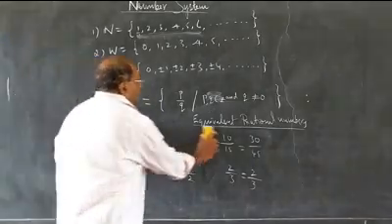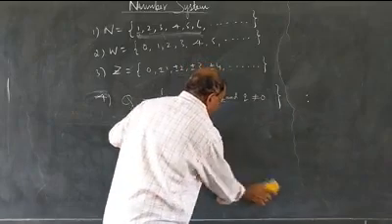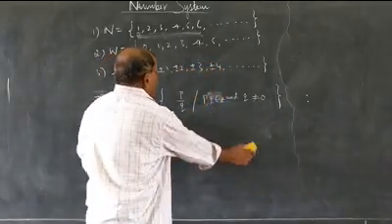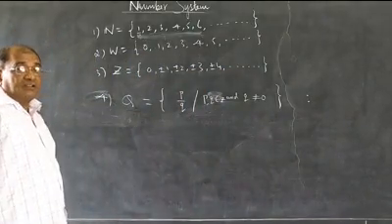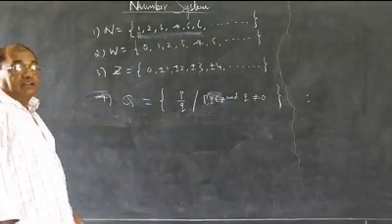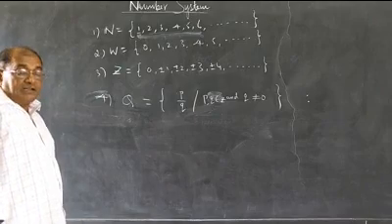Now again these rational numbers can be represented on the number line.